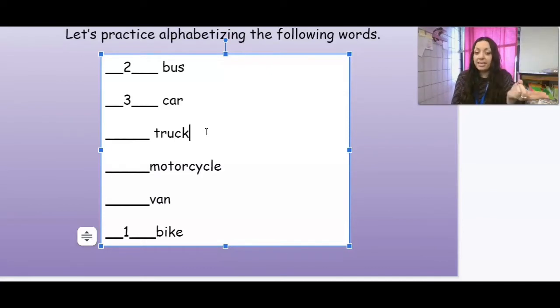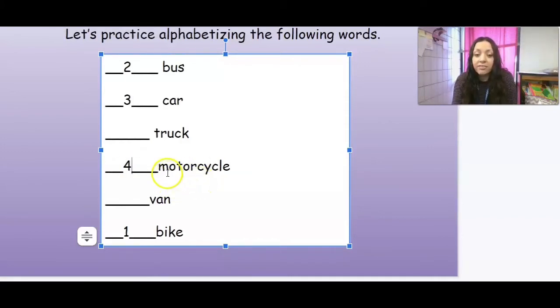No. How about E? F, G, H, no. I, J, no. K, nope. L, M, yes, we finally have a word that starts with M. So I'm going to put the number 4, but we need to figure out what this word is.